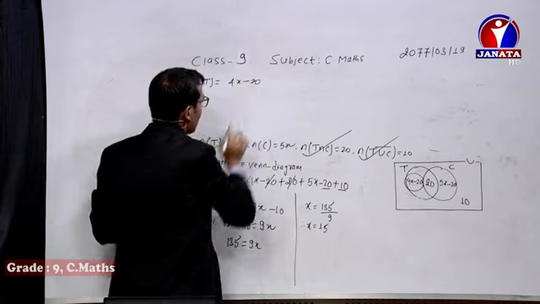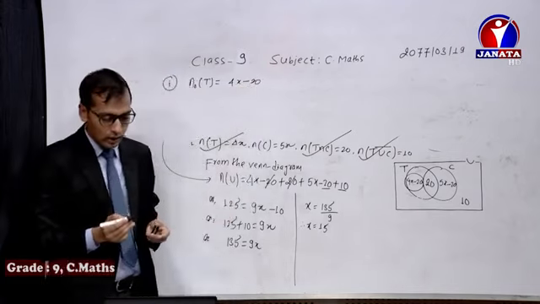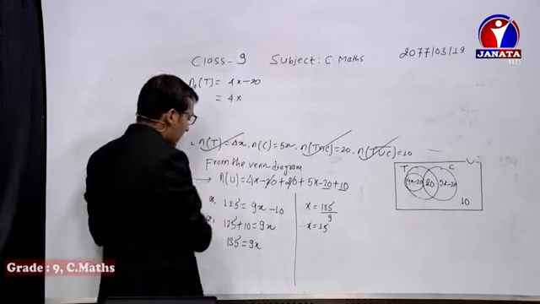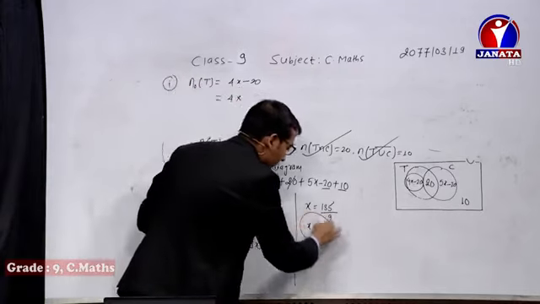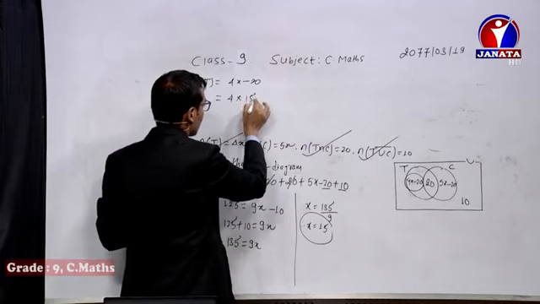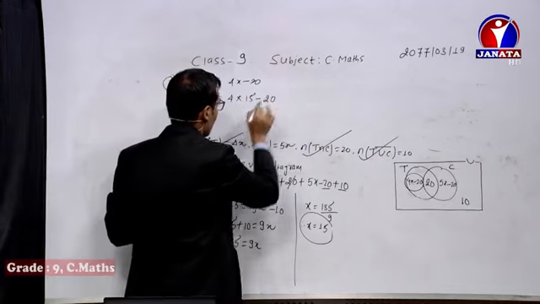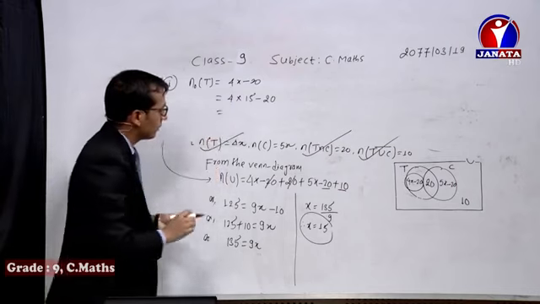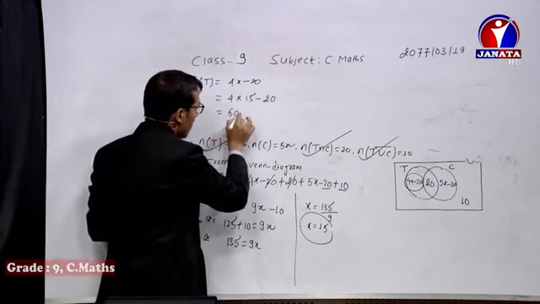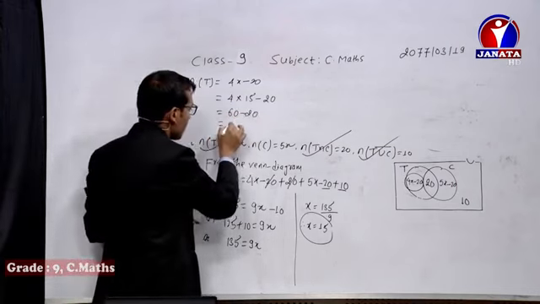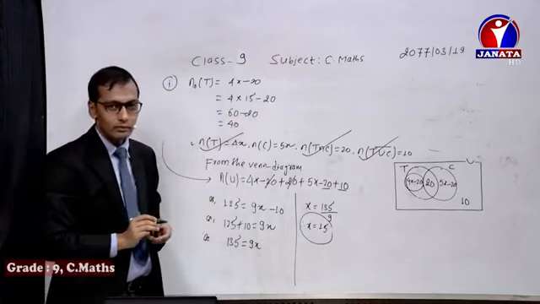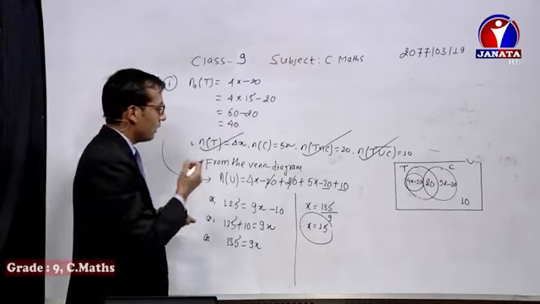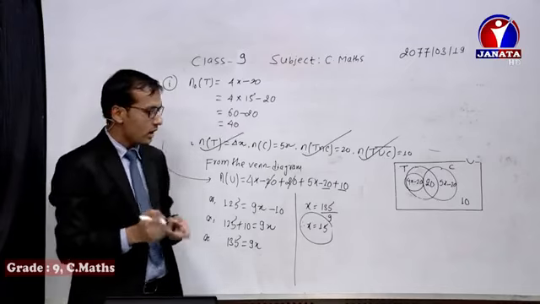So 4 times what is x? x is 15, minus 20. So 4 times 15 is 60 minus 20 is 40. So 40 students like only t.